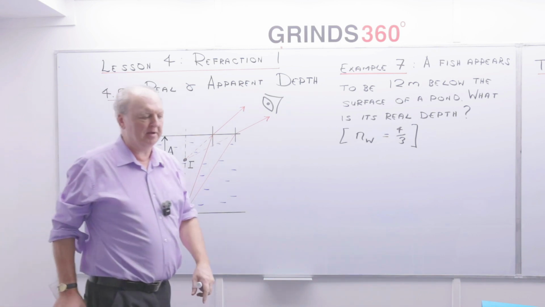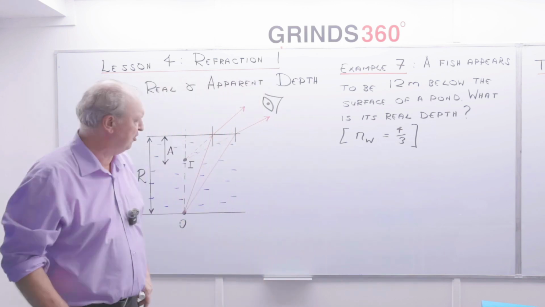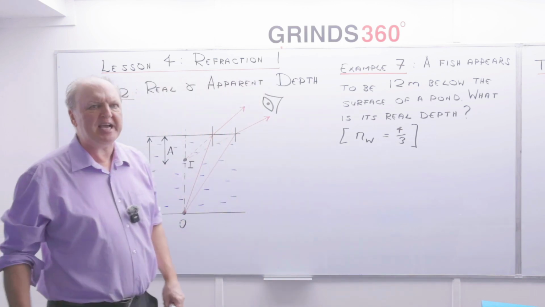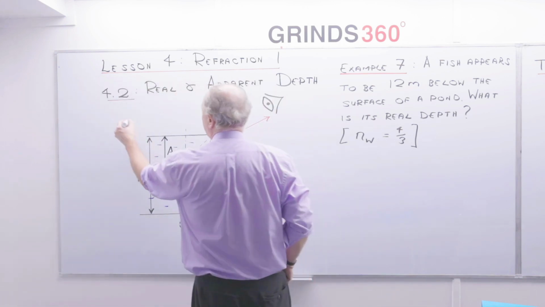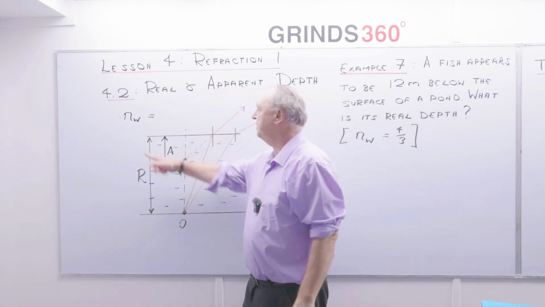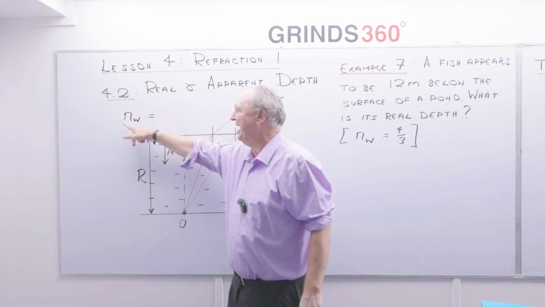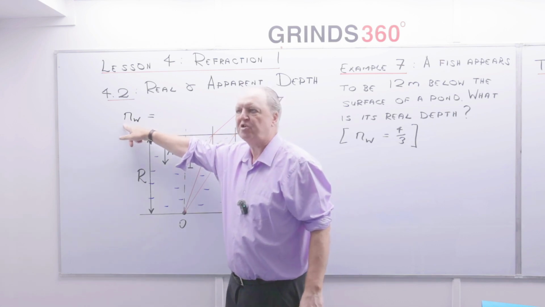Now, there is a formula. We're not going to prove the formula, but it'd be very easy to prove. The refractive index of the water, NW, A is the letter that should be there. In other words, we mean going from air to water, but the air is assumed.